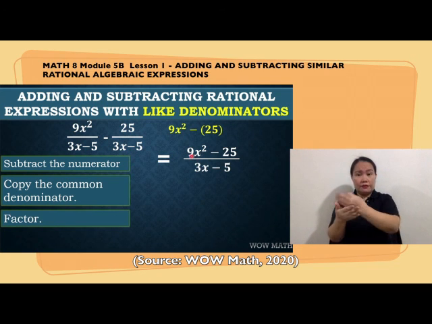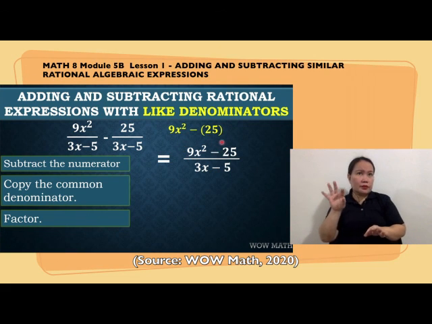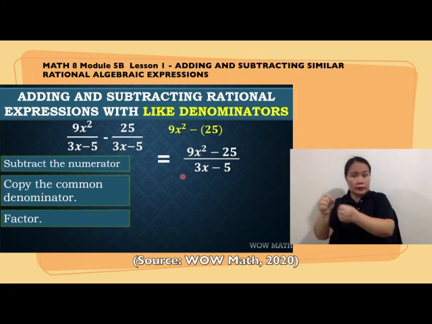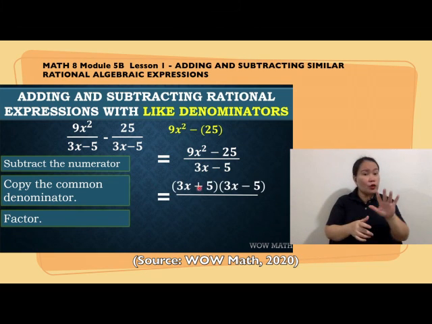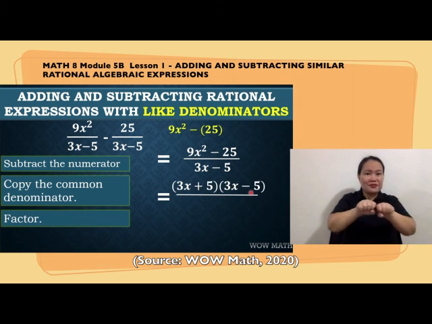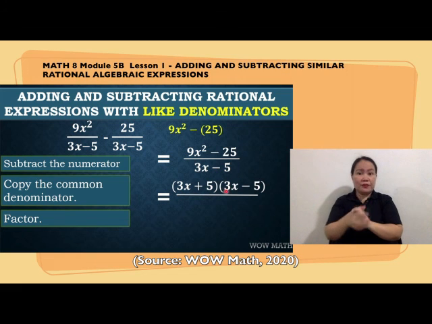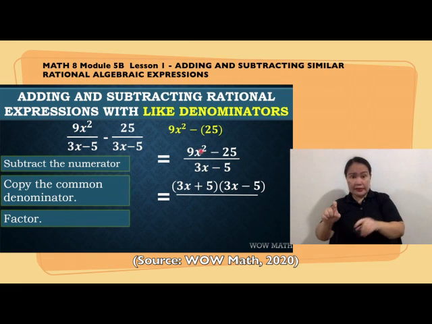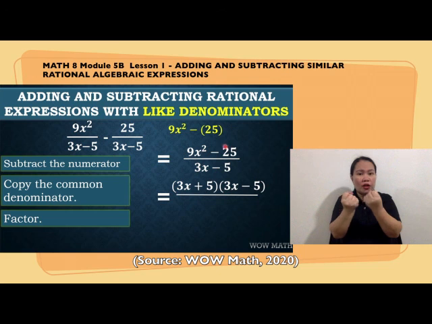Next is factor. Okay. So, 9x squared minus 25 is an example of difference of two squares. Therefore, pag finactor natin to, ang kalalabasan nito is sum and difference. So, pag in-squared natin to at in-squared natin, we will have 3x plus 5 and 3x minus 5, kasi 3 times 3, that is 9, x and x squared, and then 5 times 5, that is 25.